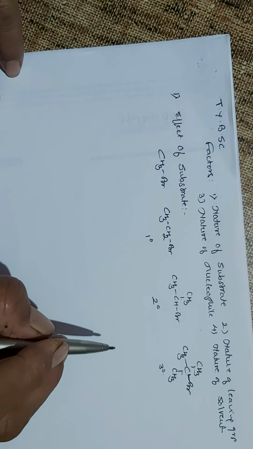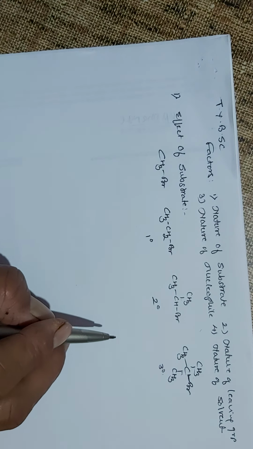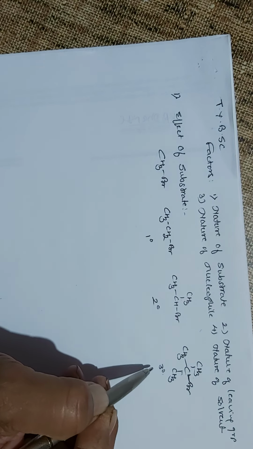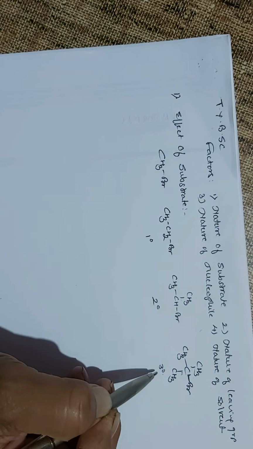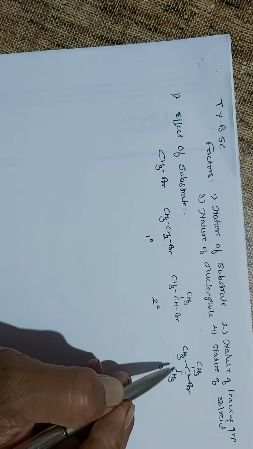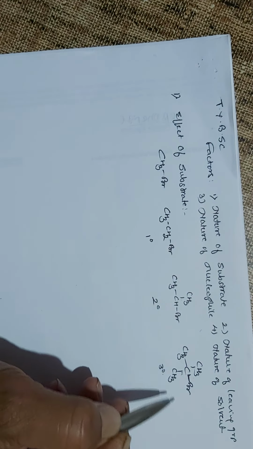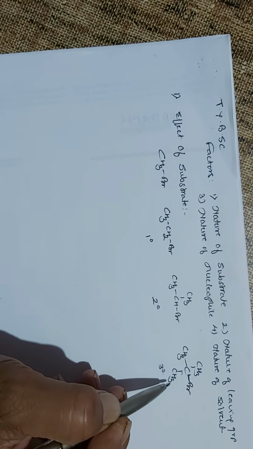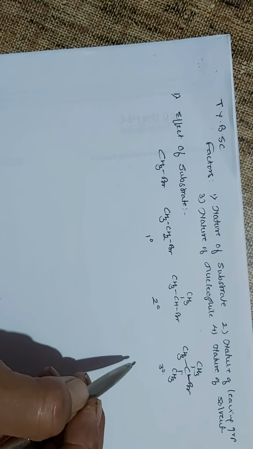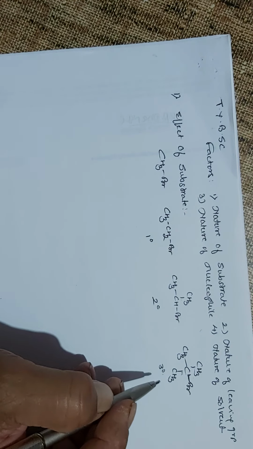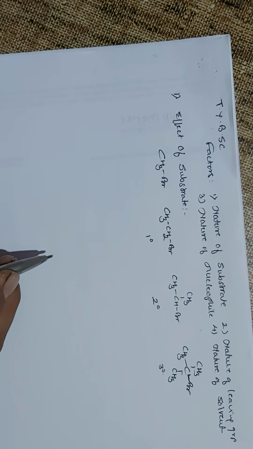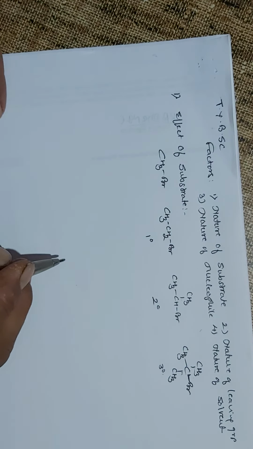In the tertiary carbocation which is obtained, the hybridization changes from sp3 to sp2, and the bond angle changes from 109 to 120 degrees, whereas there is a release in the steric strain of the molecule.